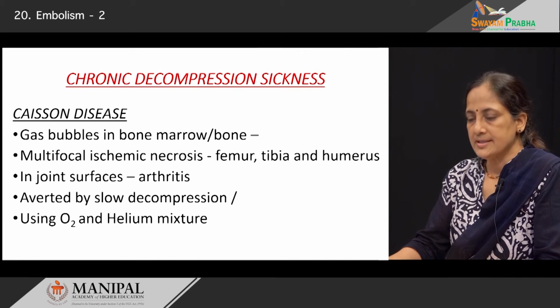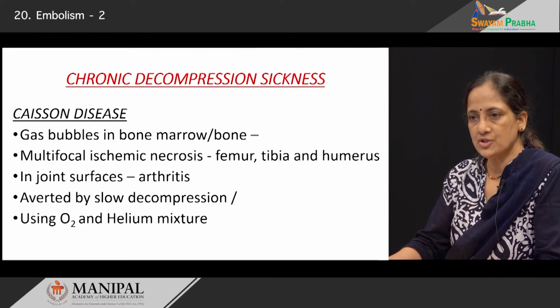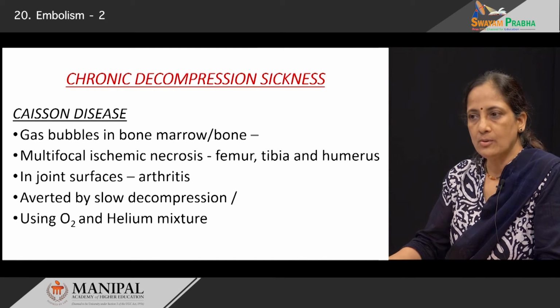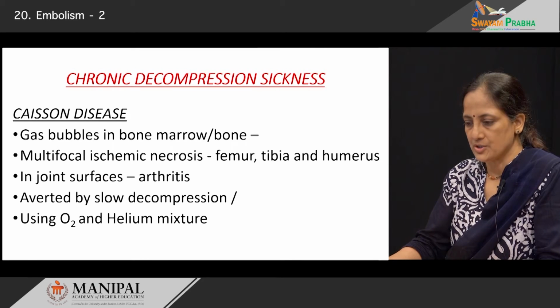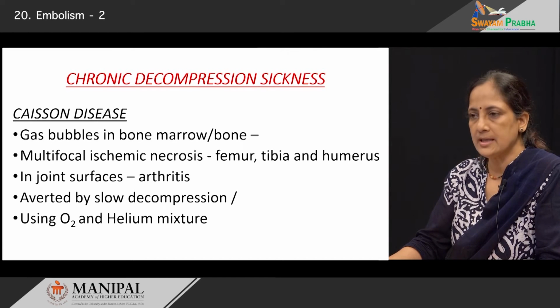Chronic decompression sickness is also referred to as Caisson's disease for the caisson chamber that is used in deep sea work. Here, many gas bubbles form within the bone marrow and in the bone vasculature. This over time results in multifocal ischemic necrosis involving the bones and joint surface.